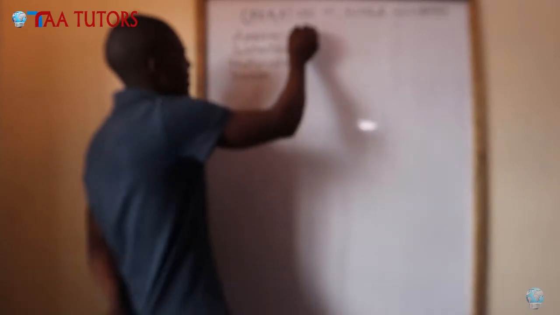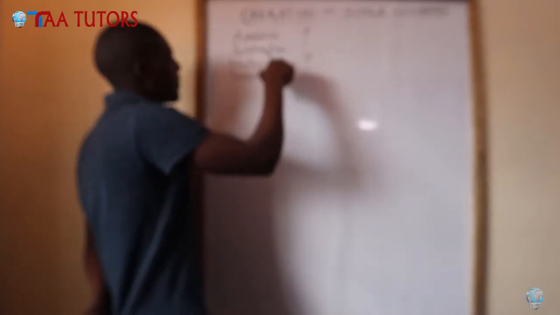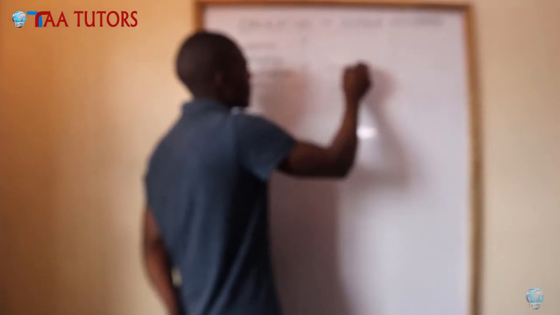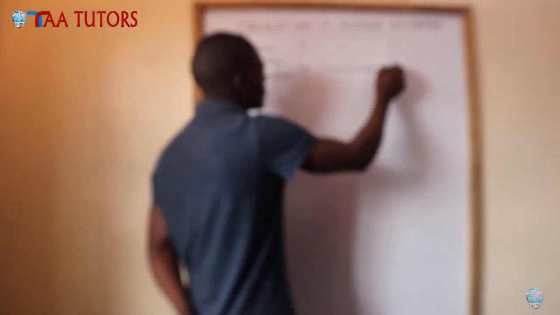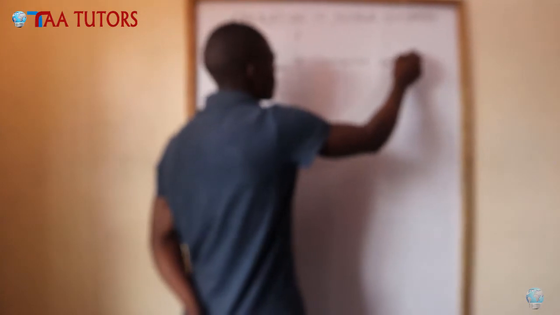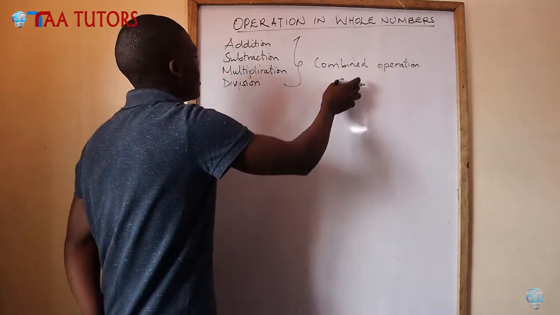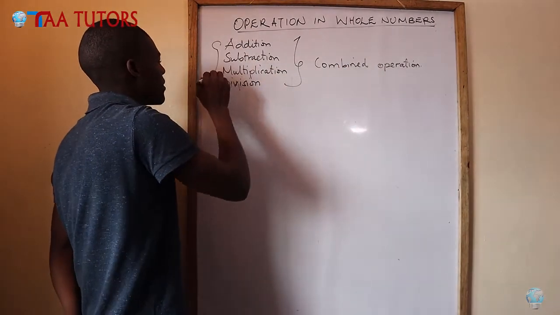And there comes a case when the four are combined together, so that we have the last part, combined operation. This one only comes when you have a question involving all the four.